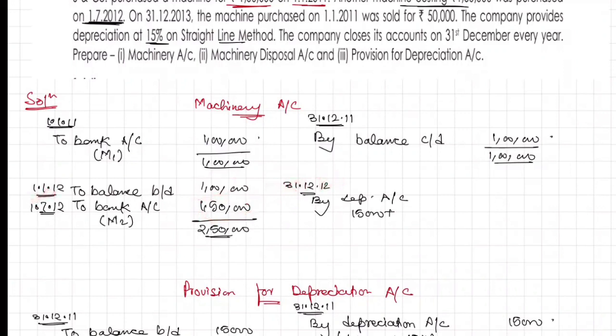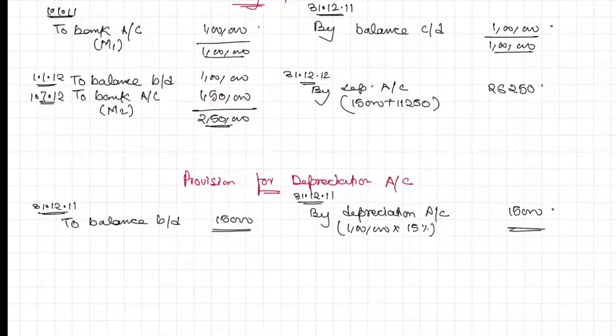So 6 months, that means 1,50,000 into 15% into 6 divided by 12. So 11,250. That means it will be of amount 26,250, correct? But we know provision for depreciation account is there.